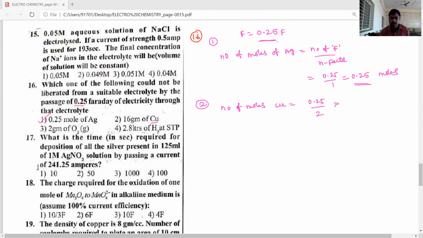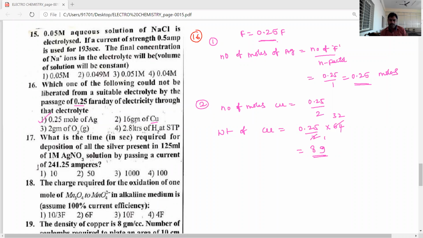Then the weight of copper is equal to number of moles into molar mass, 0.25 by 2 into 64, which is 32 times 0.25, that is 1 by 4, so 32 by 4 is 8 grams.